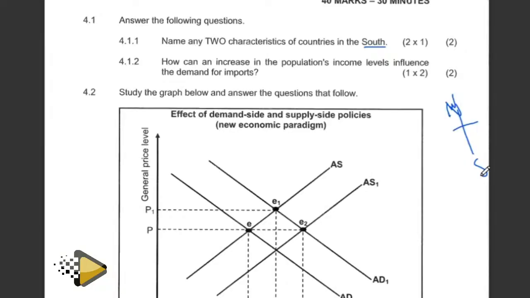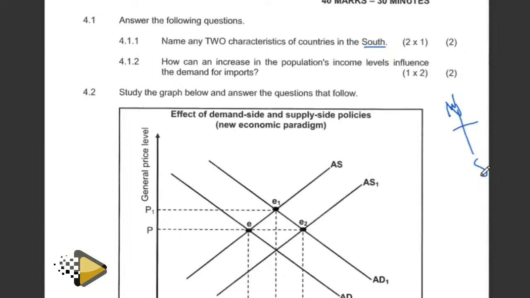Most of the time, they spend on inferior goods when they have lesser income. But the moment the population has higher income levels, it means now there's going to be a demand for normal goods. And if there is higher demand for normal goods, that is going to influence most of the local people to buy goods and services from other countries.